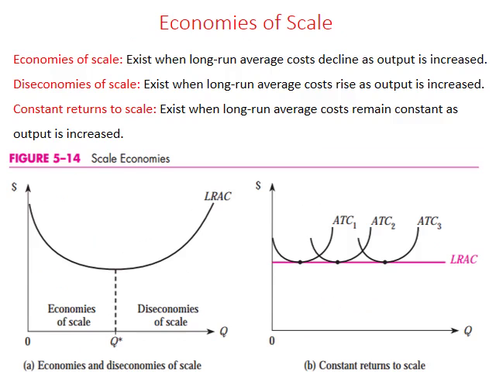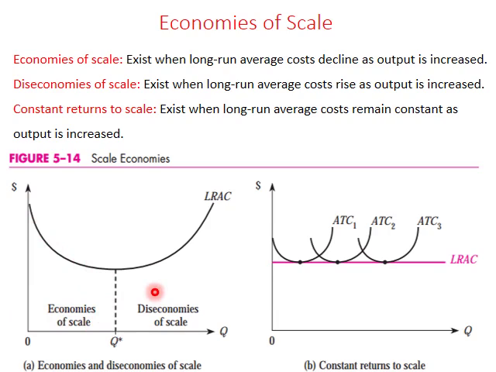This is another concept, that is economies of scale. There are three types of economies of scale. The first is economies of scale, which exist when long run average cost declines as the output increases. Here, as the output increases, the long run average cost decreases.